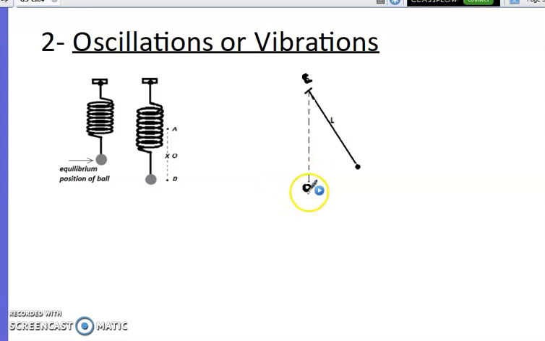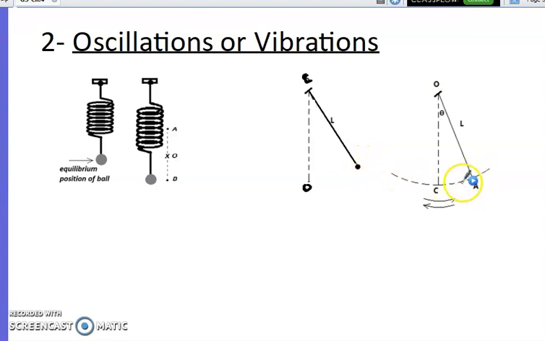Now O represents the equilibrium position of this ball. Why? Because when this ball is vertical here and at rest, the sum of forces is 0 and also the sum of moments is 0.